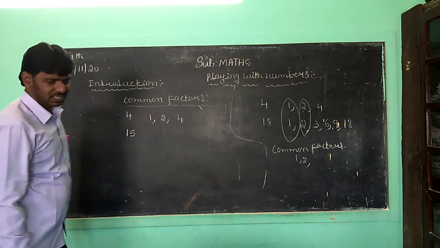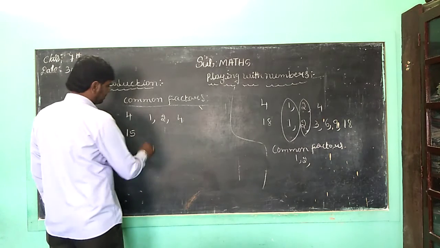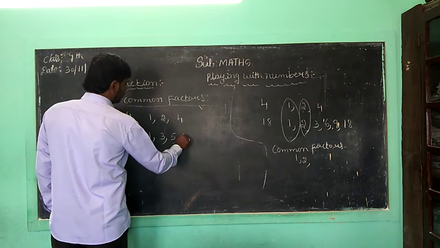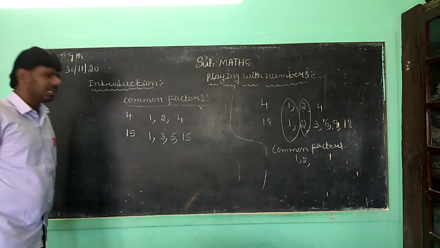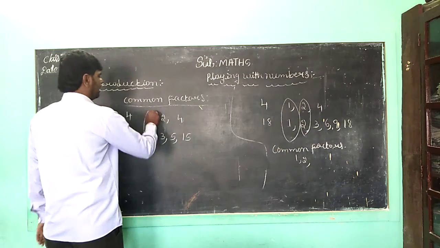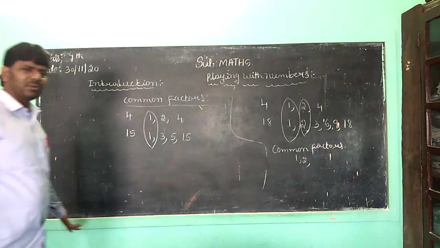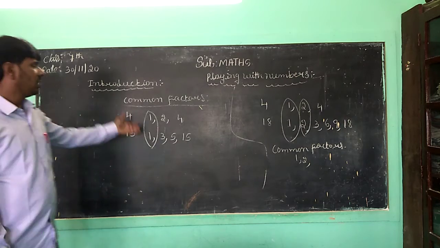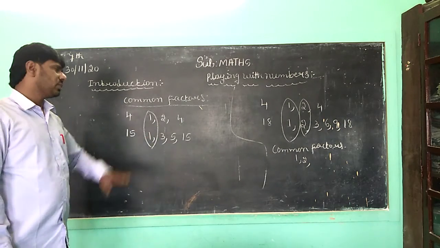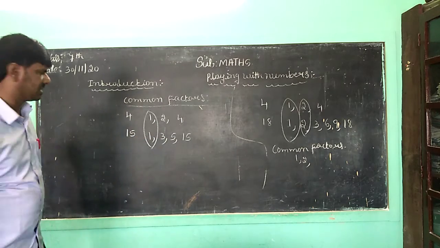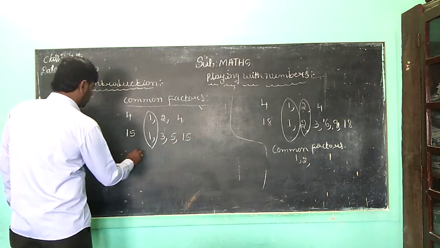The factors of 15 are 1, 3, 5, 15. Children, is anything commonly there here? Only 1. 1 is a factor of all numbers. Except 1, no one number is common, which means it is a co-prime number, children. Therefore, this is a co-prime pair.